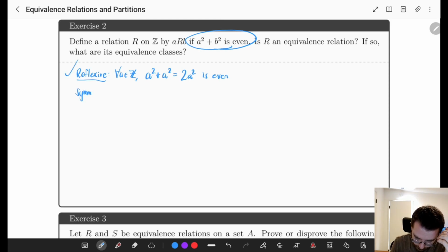How about symmetric? Let's pick a and b. Actually, this one's sort of just immediate. Any integer pair. If a squared plus b squared is even, well, guess what? b squared plus a squared is even.